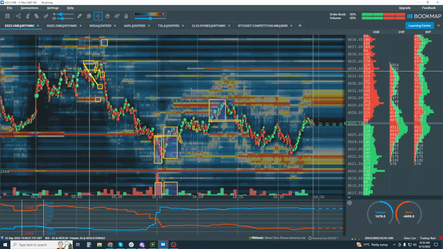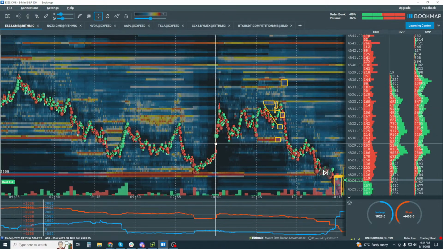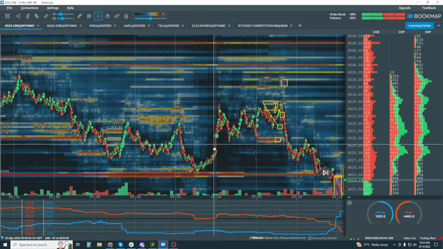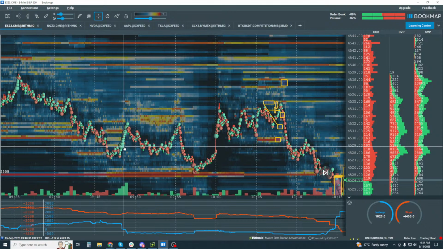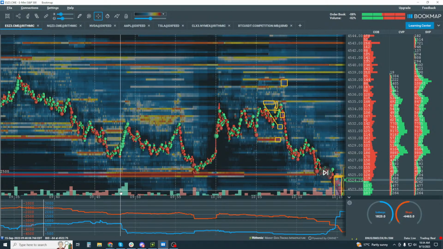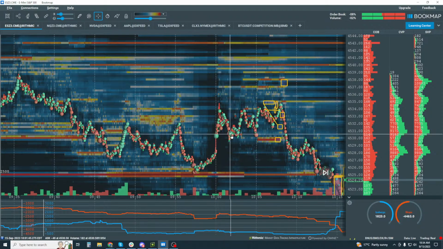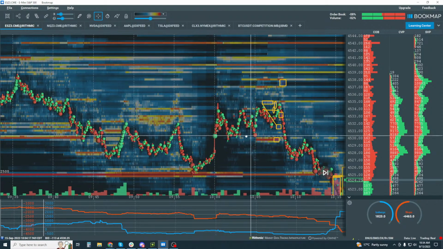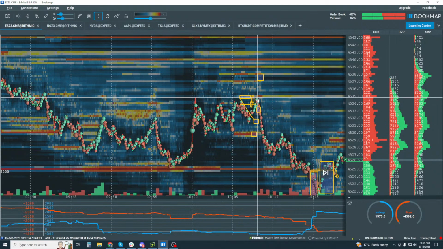We were leaning on this here as well. Look at this buy volume here, that's what we're leaning on. Now we went below it, but we came right back up above it, and we saw the buyers come in here.